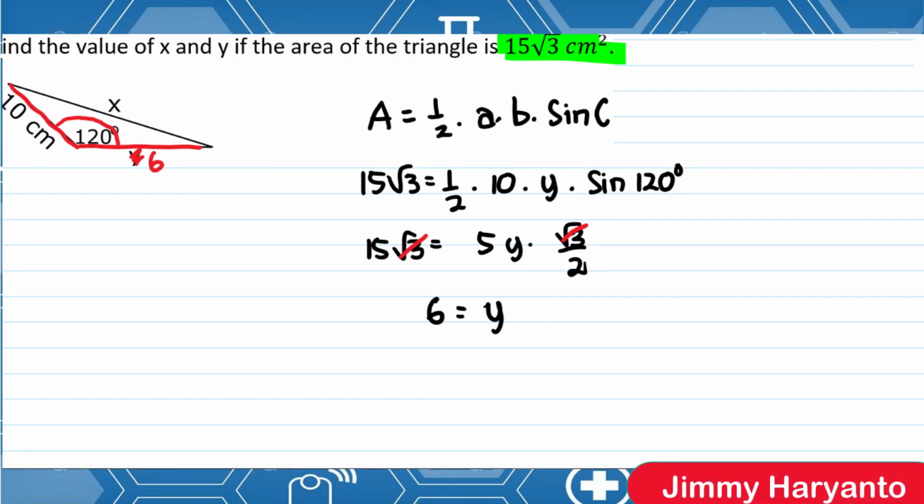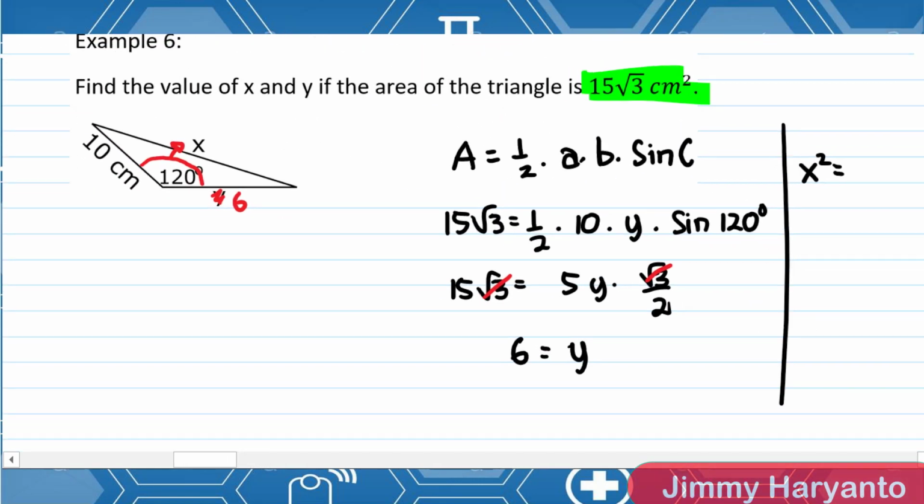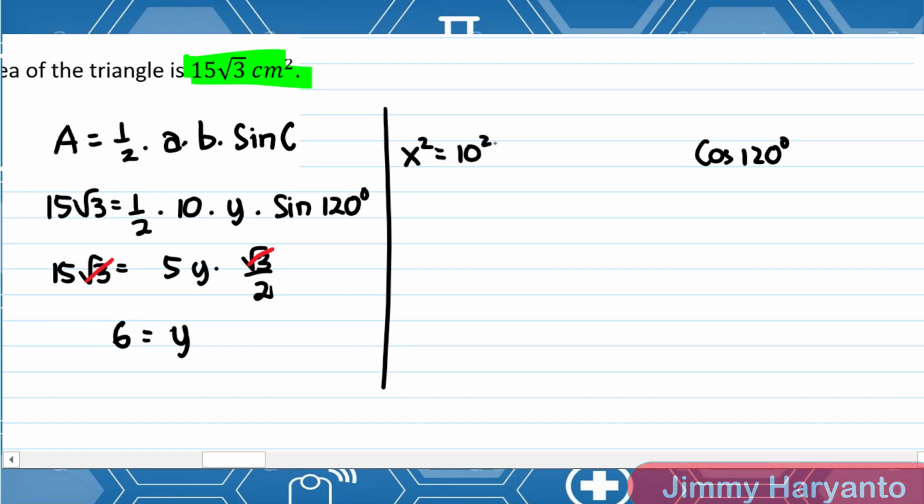You only have one angle right here. So y equals 6, and the opposite of the angle is x. If you have only one angle, you can use the cos rule. So you write the x square first, and then the cos 120 at the back, and then you write the rest. The rest is 10 and 6. So it will be 10 square plus 6 square minus 2 times 10 times 6 times cos 120 degrees.